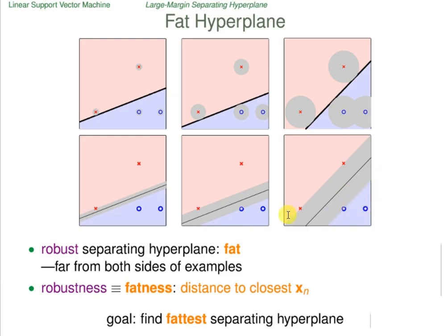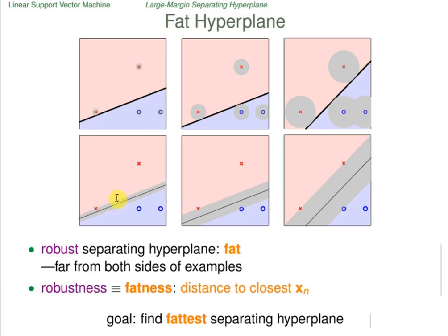Okay? This motivates us that the maximum thickness is related to noise tolerance. Maximum thickness possible for a hyperplane is called its margin. Our intuition tells us to pick the fattest hyperplane possible, the one with the maximum margin. All right.